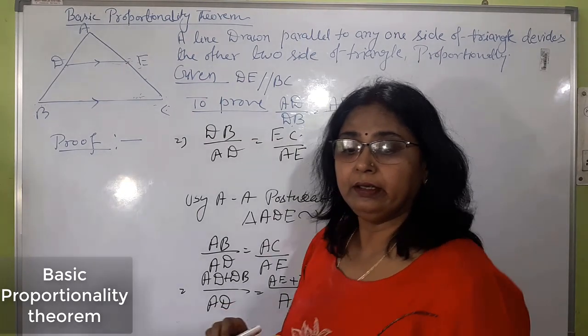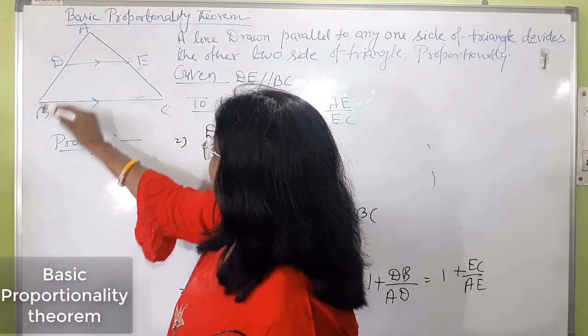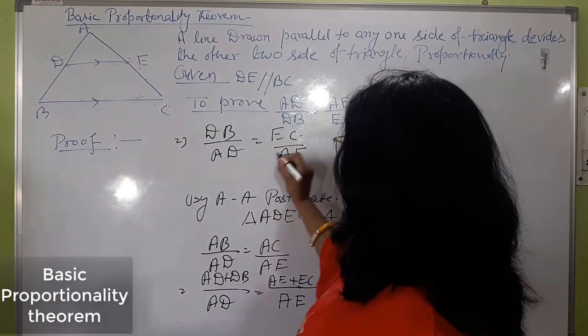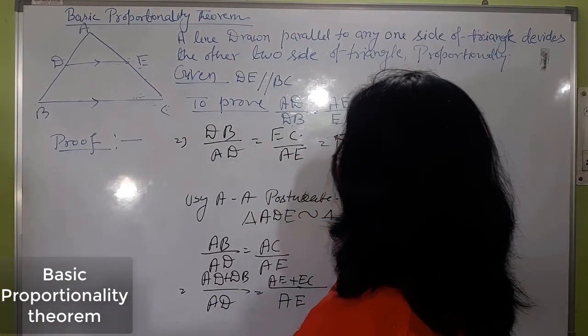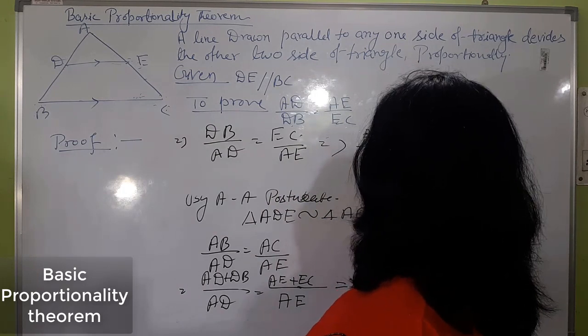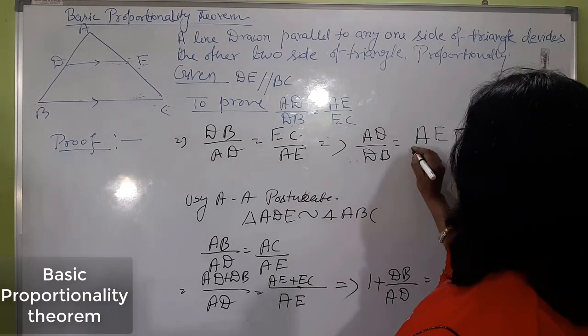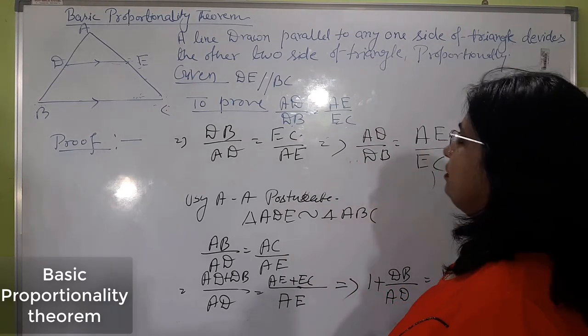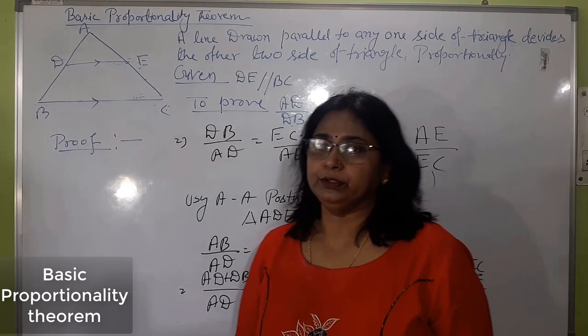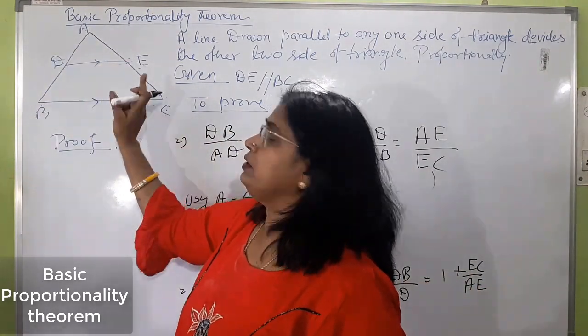Now taking the reciprocal, we can write AD by DB is equal to AE by EC. Now the theorem is proved. Both sides are proportional to each other.